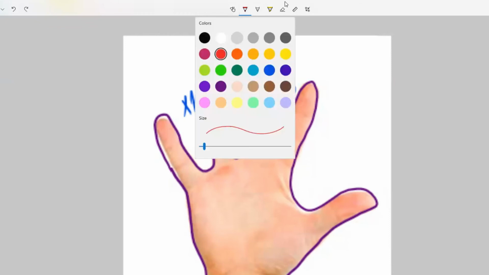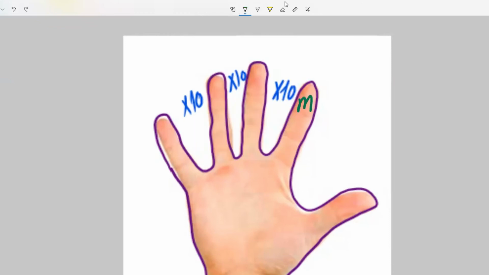Change the color. Meter, okay? So you have to memorize this one. This one is called meter, okay? And this one is called decimeter, DM, the abbreviation of decimeter.